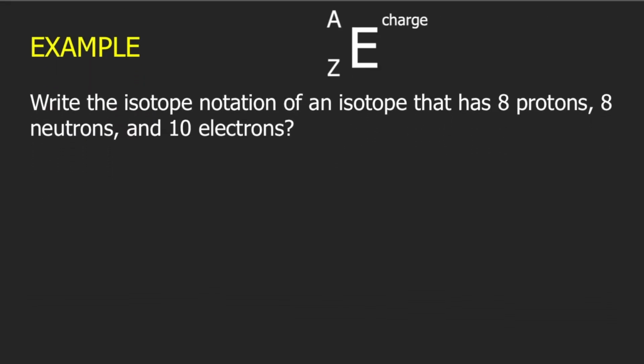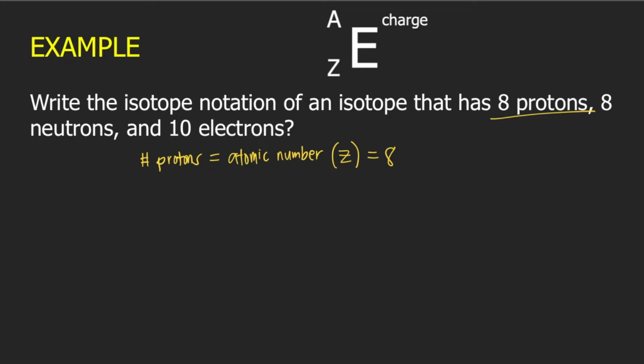Write the isotope notation of an isotope that has 8 protons, 8 neutrons, and 10 electrons. According to the problem, the isotope has 8 protons. And we know that the number of protons is equal to the atomic number, or the Z. So the atomic number is equal to 8.